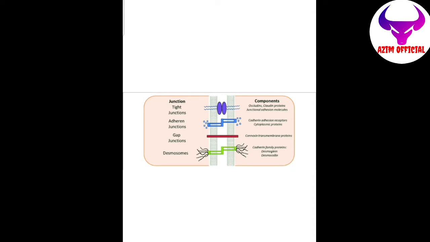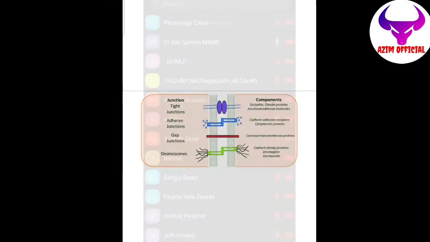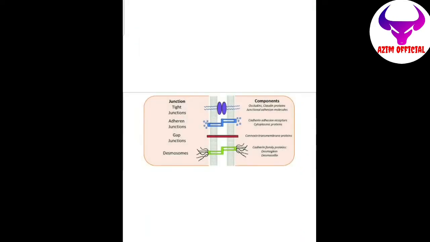Gap junction has connecting transport membrane proteins, and desmosomes have cadherin family proteins like desmoglein and desmocollin. You don't have to remember all those things. Mainly just remember the tight junction and gap junctions. Okay, that's all for you. And please show the next slide, please.